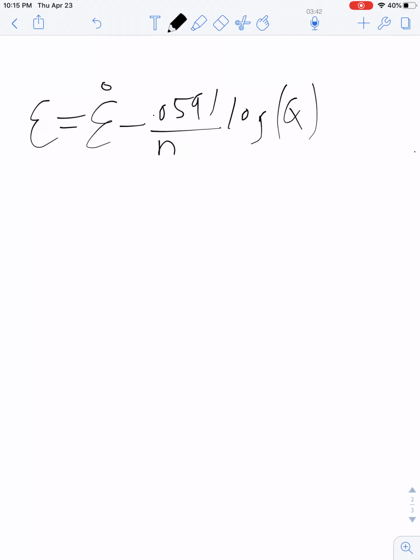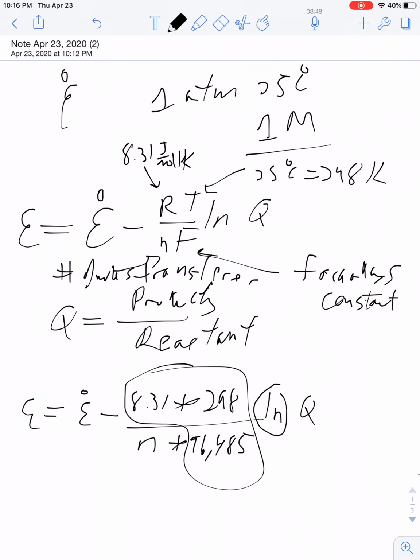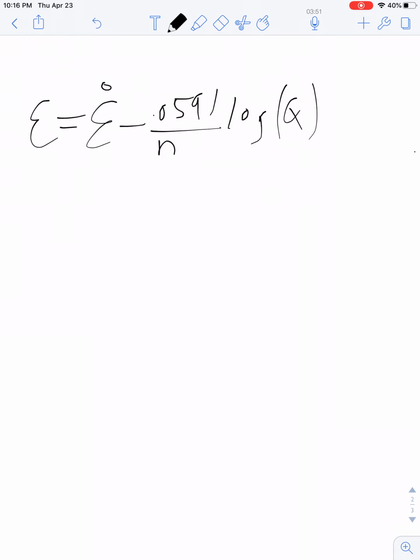Why don't we stick with that reaction we were doing before and just change the concentrations.